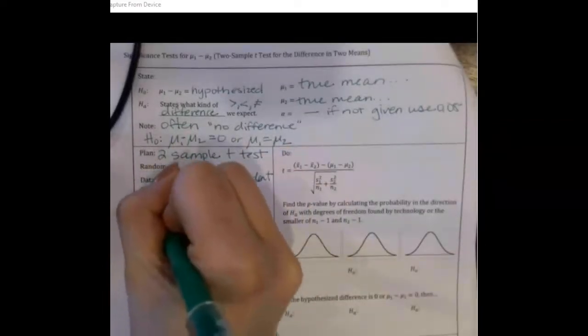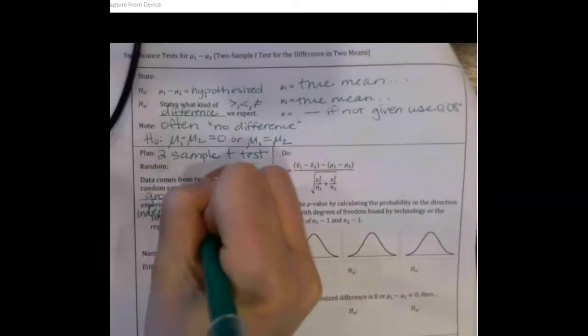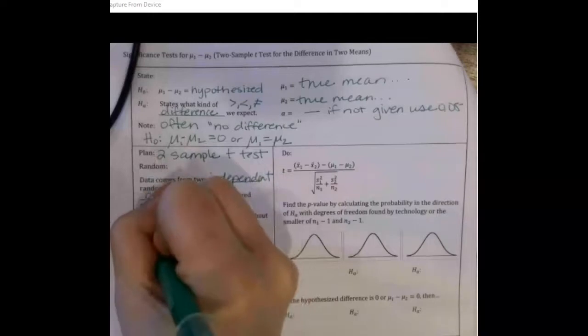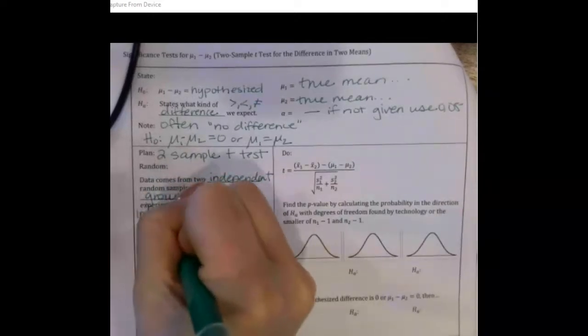You can do the 10% condition for independence when sampling without replacement, and check that 10 times n sub 1 is less than or equal to the population of the first group, and 10 times n sub 2 is less than or equal to the population of the second group.